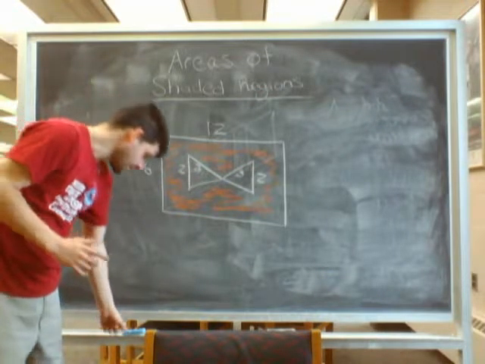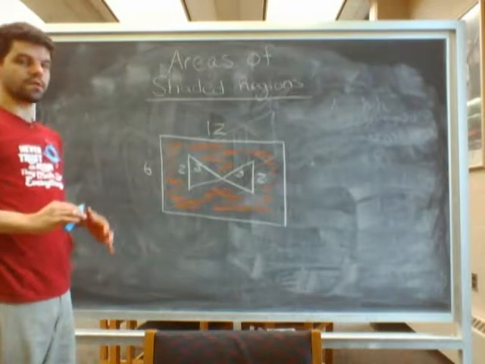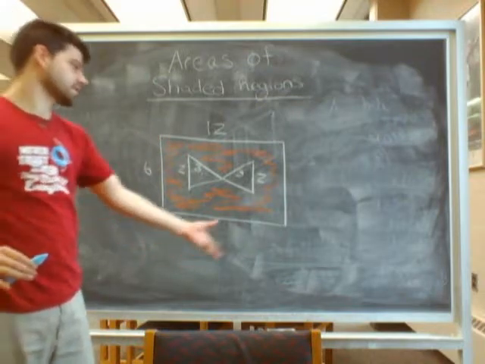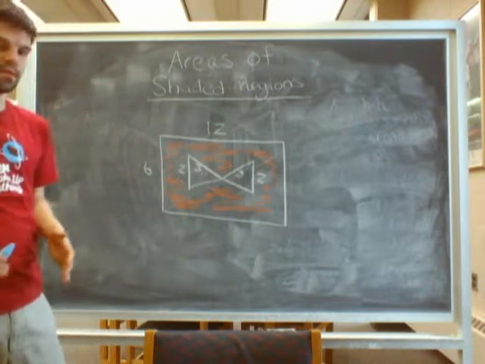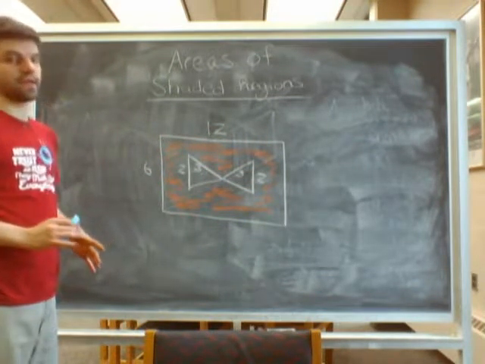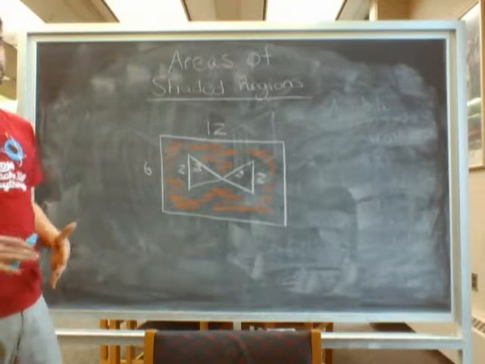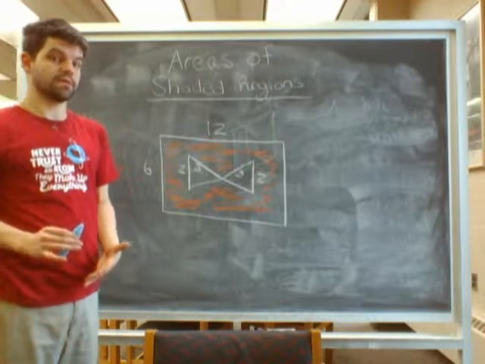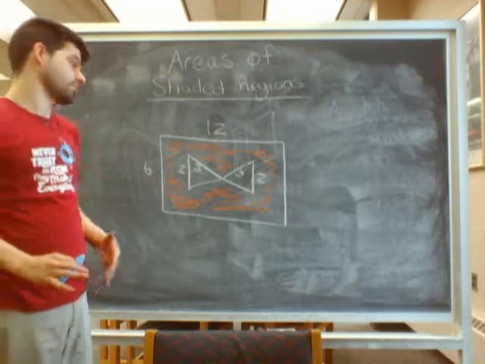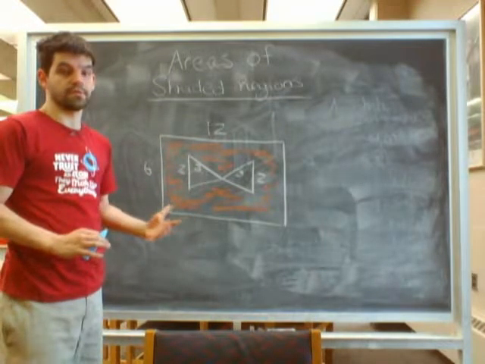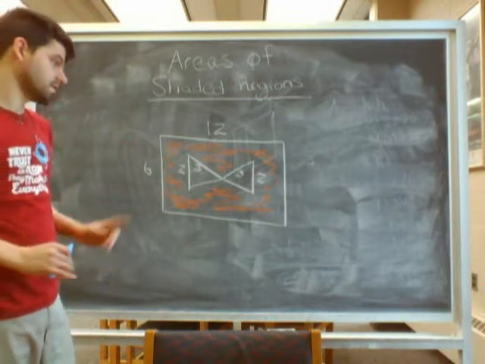However, to combat that, we can look very carefully and look for shapes and pieces that we are familiar with, that we can calculate the area of, to form a relationship with the shaded region and form our own expression.